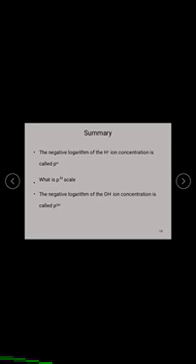Above 7 to 14, the pH value is increasing, meaning the basic nature also increases. Next, the negative logarithm of OH minus ion concentration, expressed in moles per liter, is pOH.